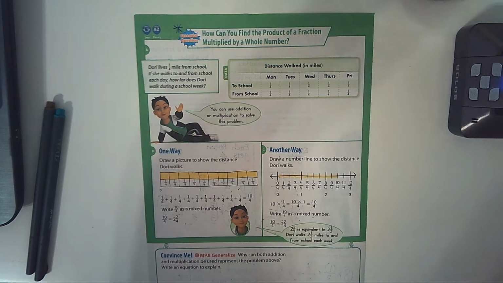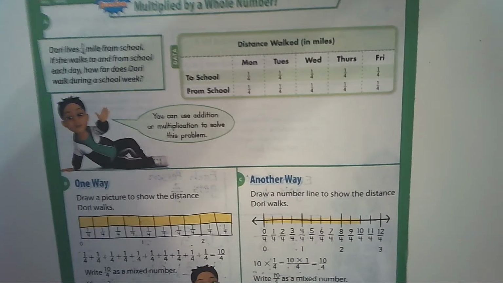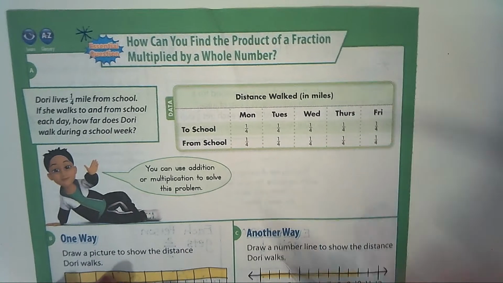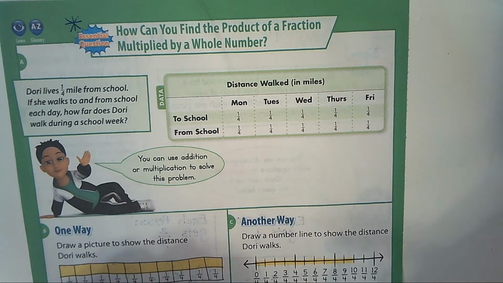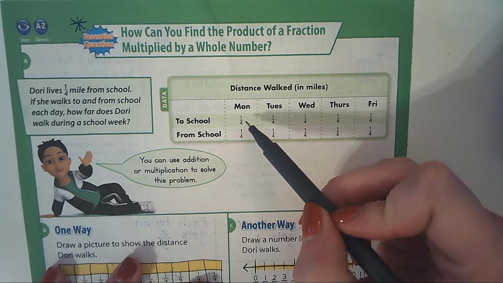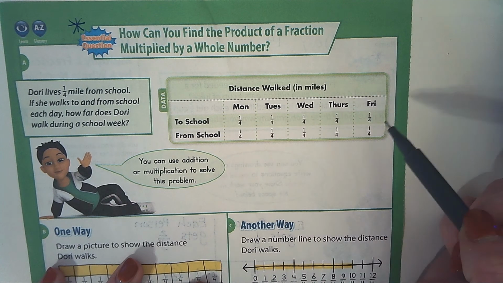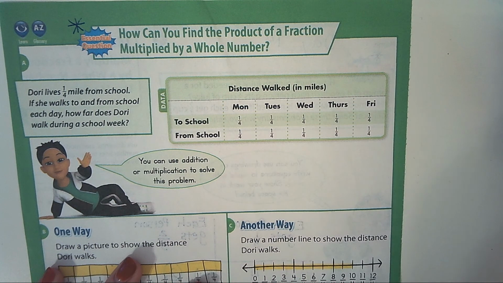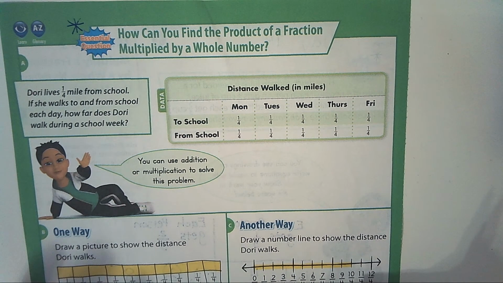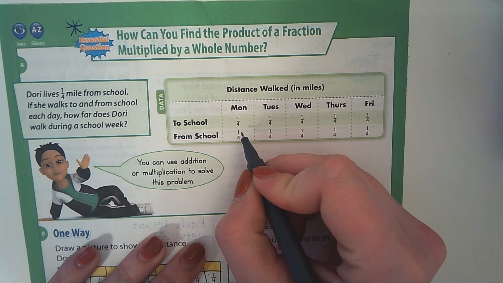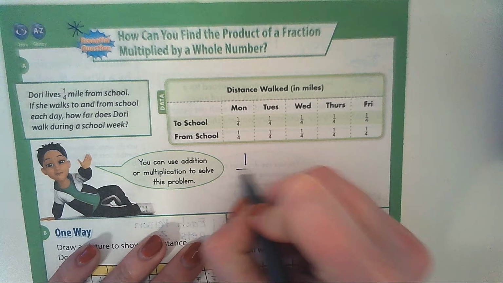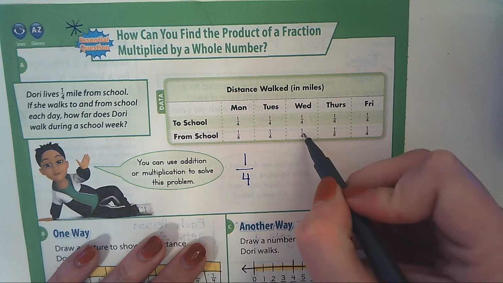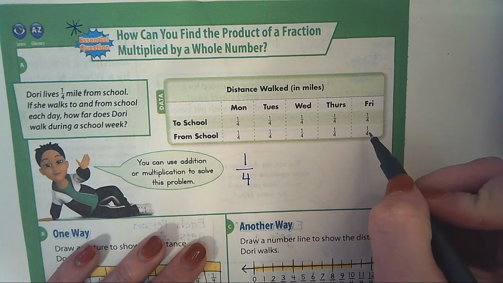So since she's walking to school and home from school, she's going to be walking that 1/4 2 times each day. So she's going to walk on Monday, Tuesday, Wednesday, Thursday, Friday. She's going to walk 1/4 2 times. Overall, during the week, she's going to walk that 1/4 1, 2, 3, 4, 5, 6, 7, 8, 9, 10 times.